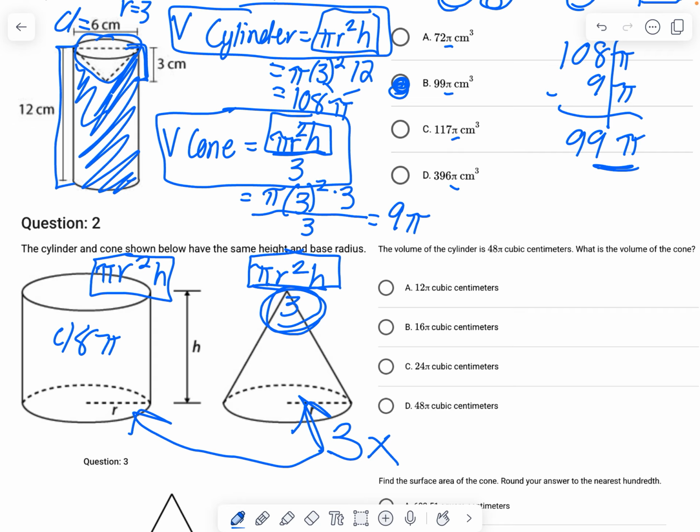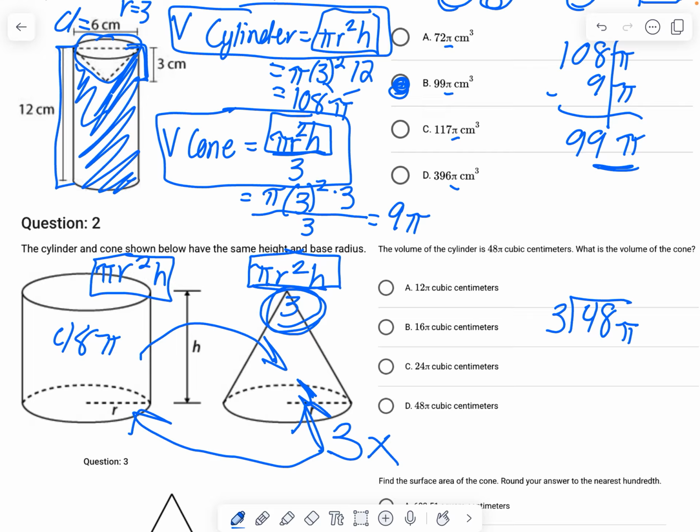So if I want to know how much volume is in the cone, well, it's just a third of the cylinder. So let's take this 48 pi and divide it by 3.